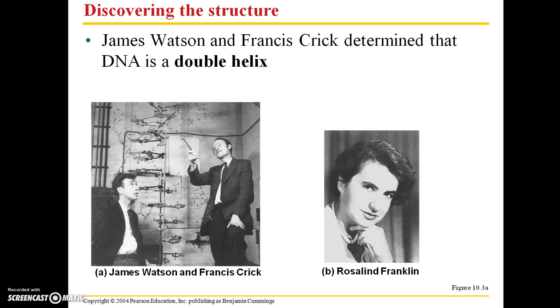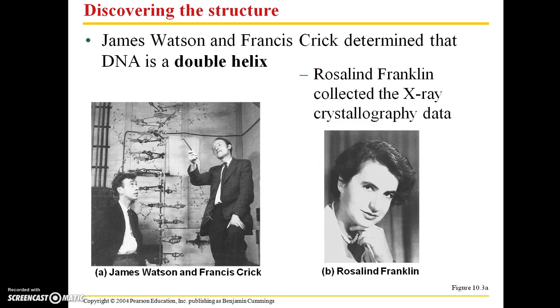James Watson and Francis Crick determined that DNA is a double helix, and this was back in the 1950s. And Rosalind Franklin collected the X-ray crystallography data, which actually produced images of DNA.